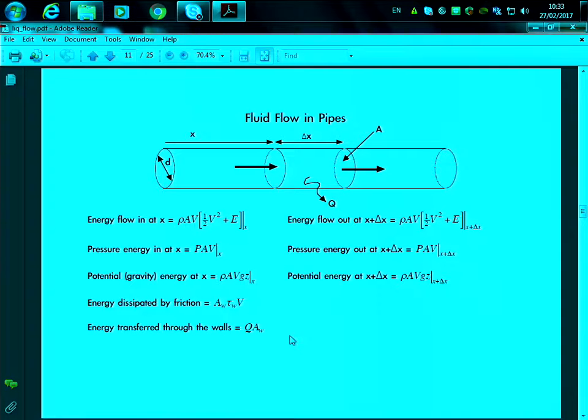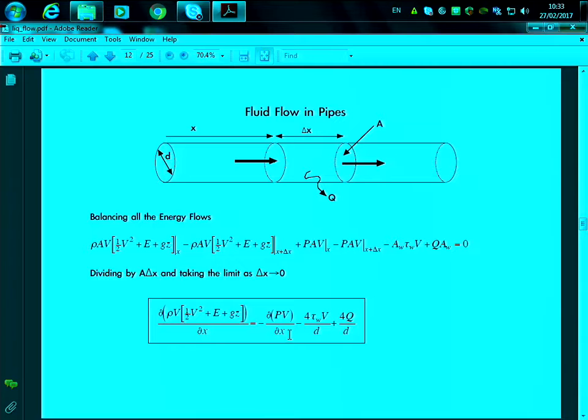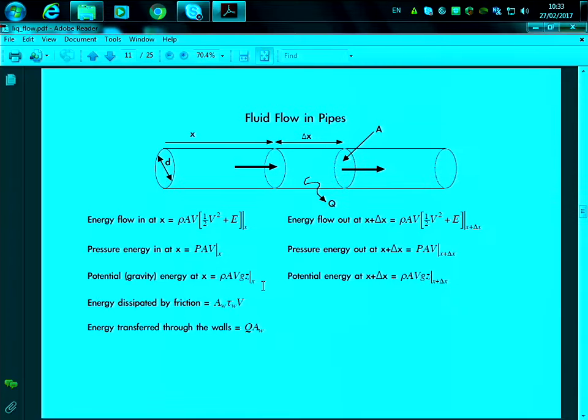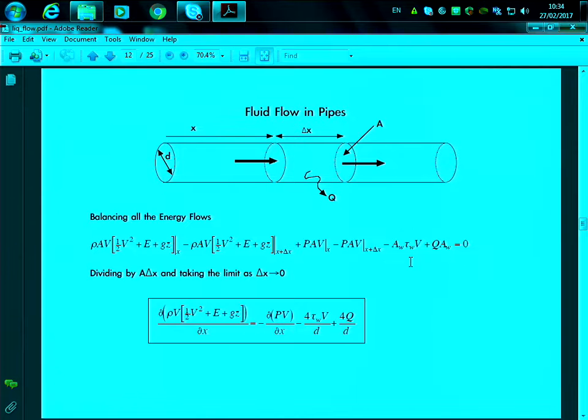Okay. So taking the limit as delta x tends to 0, then we end up with this derivation basically. So the changes of the energy in the system will be equal to the changes of pressure minus the friction, plus the heat flow. Okay?